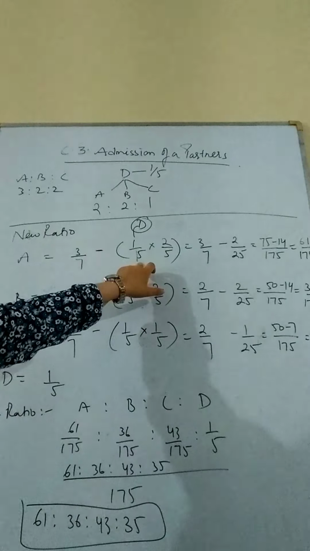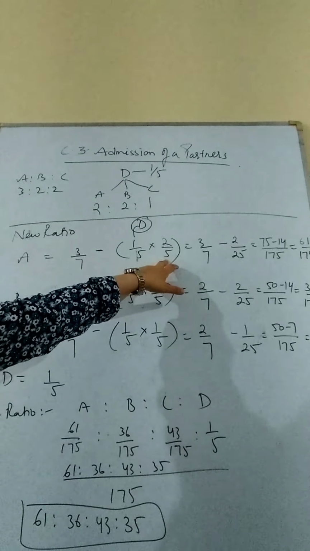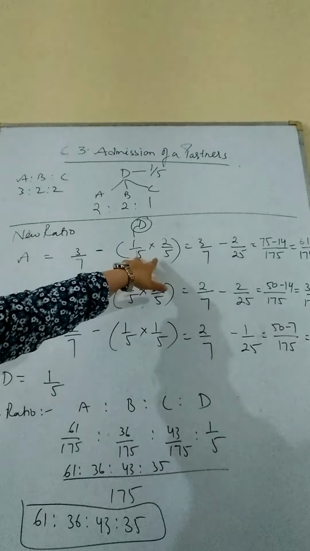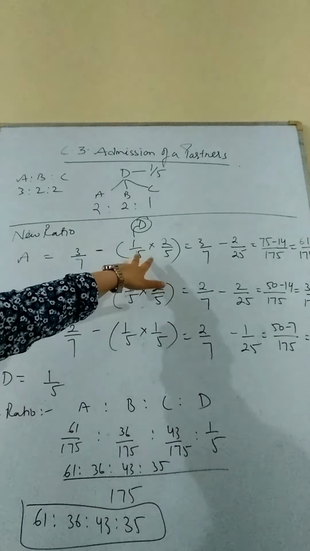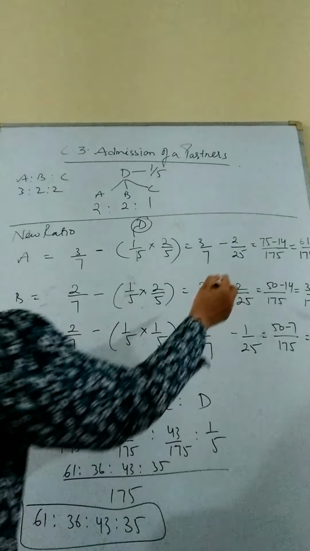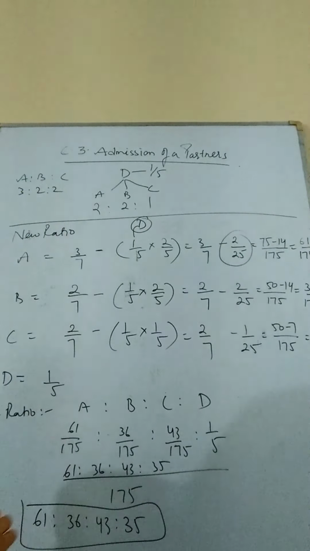1/5 is the share of D and which he is acquiring in the ratio 2:2:1. So I am putting it up as a multiplication factor. So 1/5 multiplied by 2/5, we come down to the fraction as 2/25.